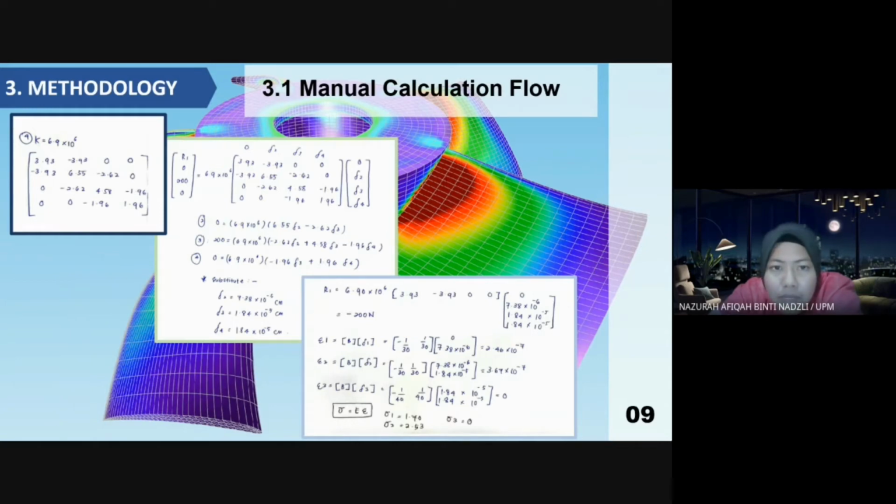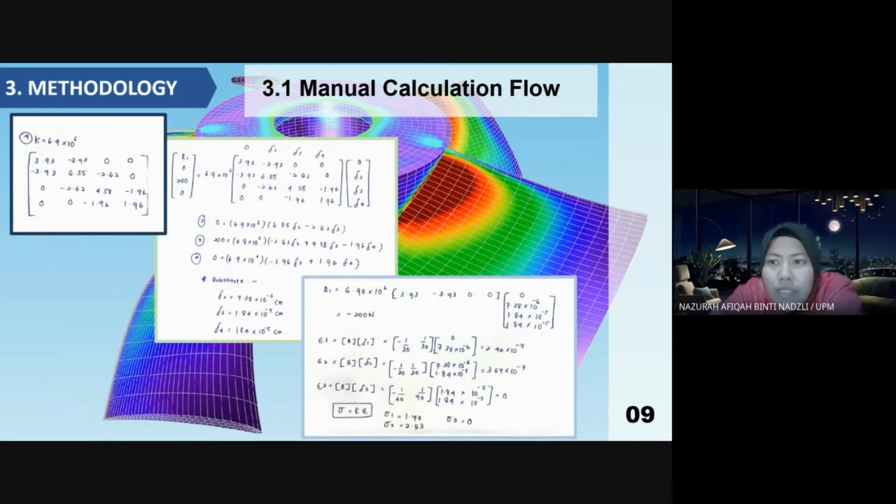Then after that, we calculate another force, which is reaction 1. So we get negative 200 Newton. After that, from the displacement, we can obtain the strain, where the formula of strain is matrix B times the displacement matrix.